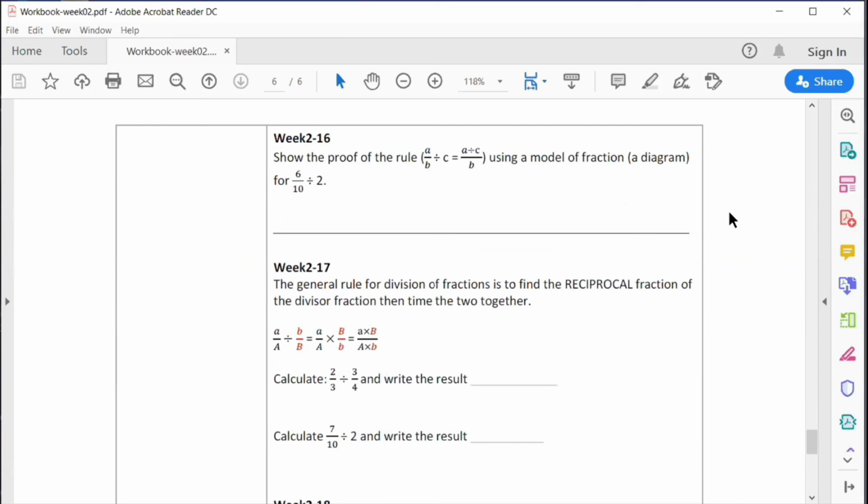All right, so question 16. Show the proof. Prove that any fraction divided by a number is okay by dividing the top.